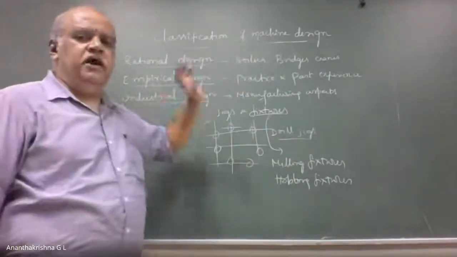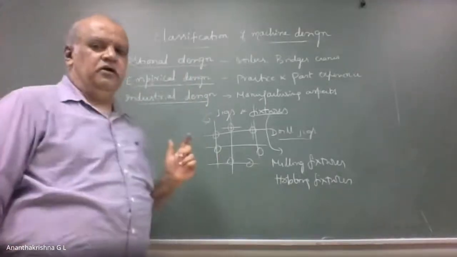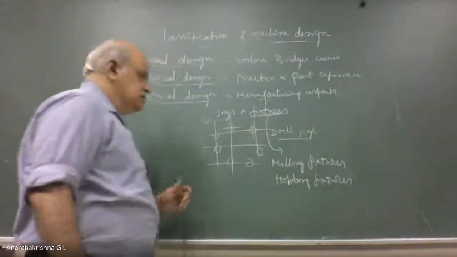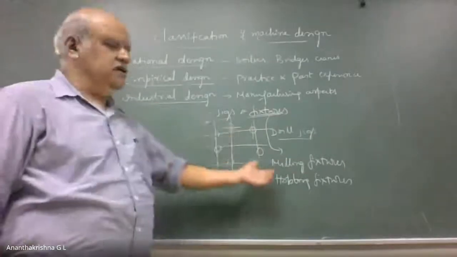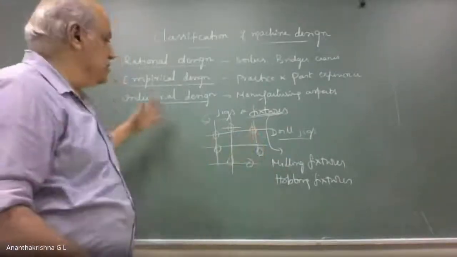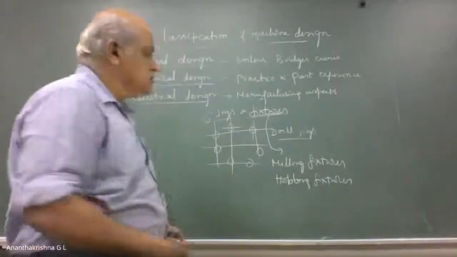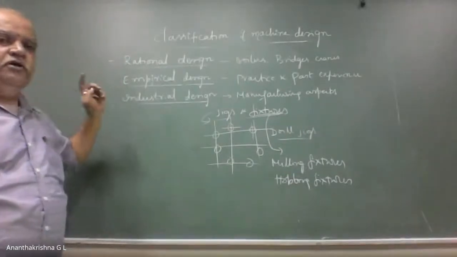Industrial design has manufacturing aspects. Examples are jigs and fixtures, that is, drill jigs and milling fixtures. Fixtures are used for holding the component in position during machining operation. So this is another classification of machine design.